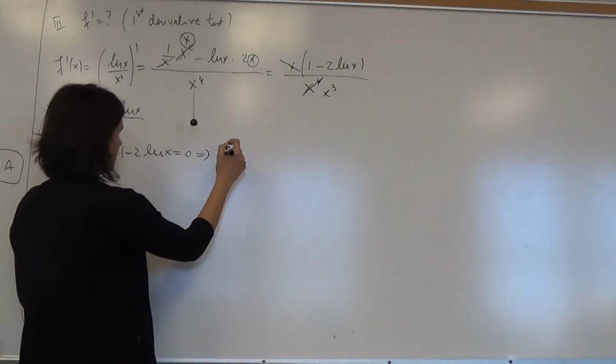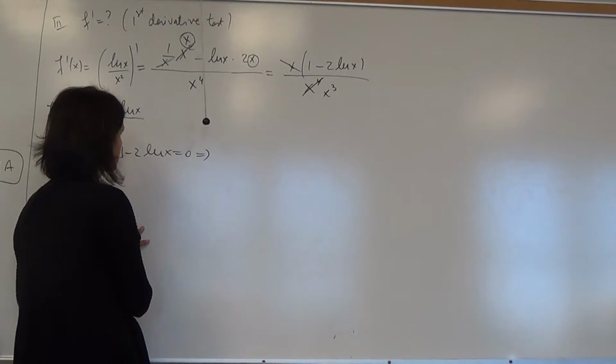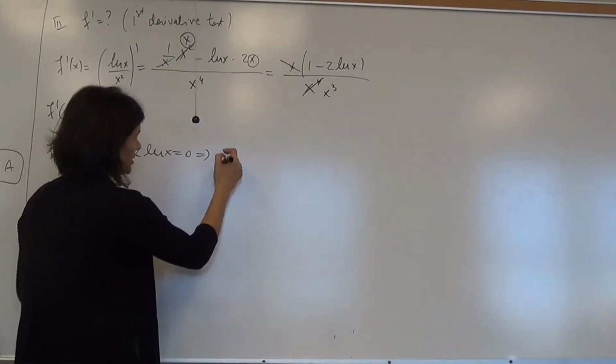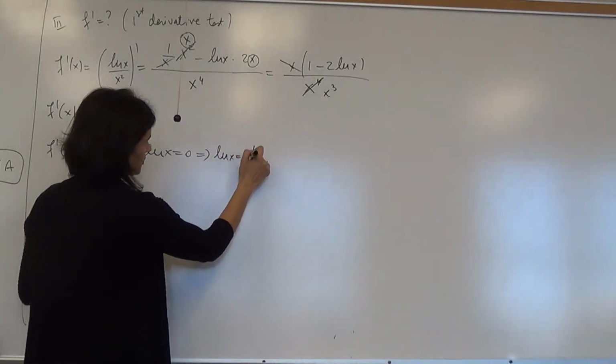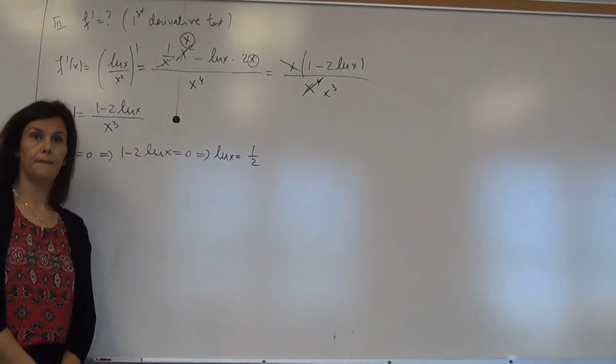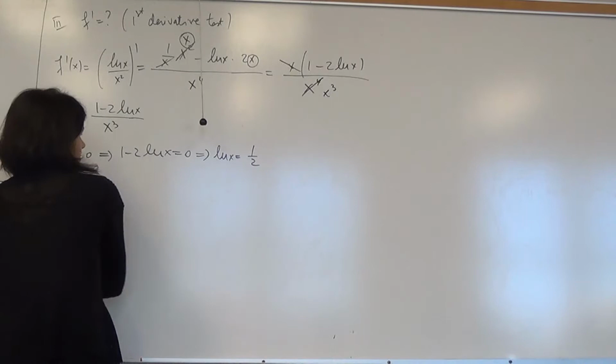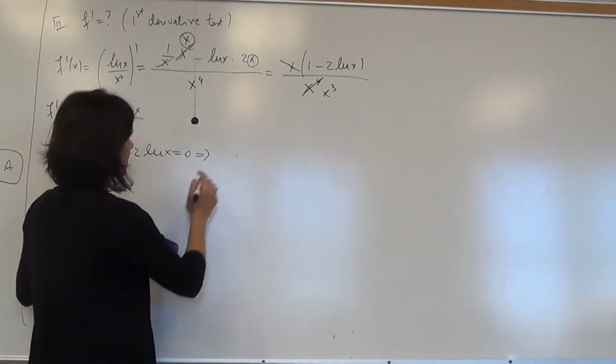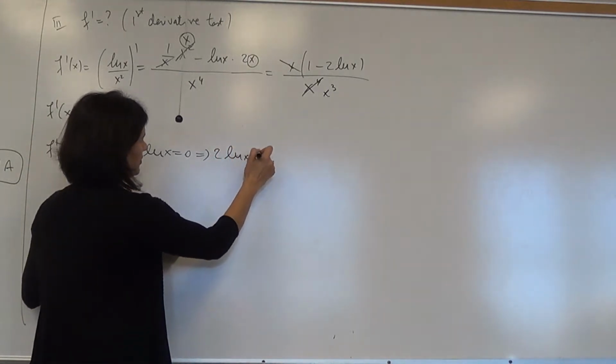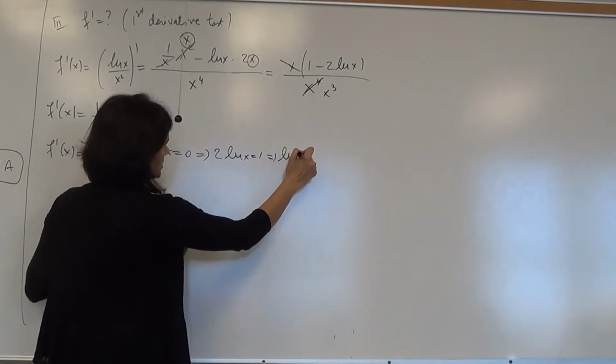So 2 ln of x equals 1, divide by 2. So I'll have ln of x equals 1 over 2.